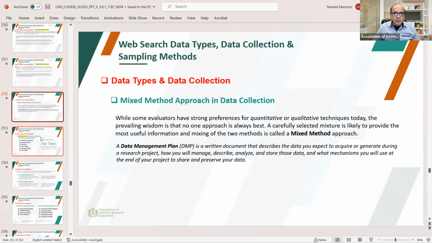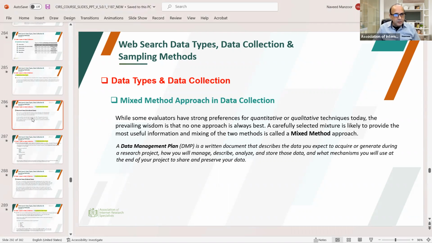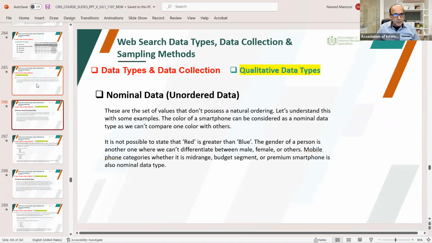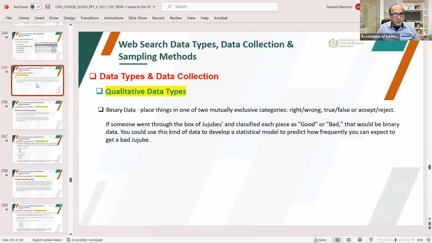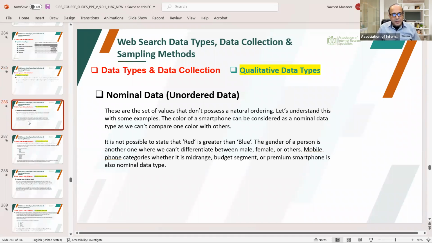One of the reasons when we did type of data, and I spent slightly more time than I'm required to, is only because I want to make sure that it has some relationship to what we are about to learn later on. So to give you an idea, for instance, if it is nominal data, like red is greater than blue is not possible.